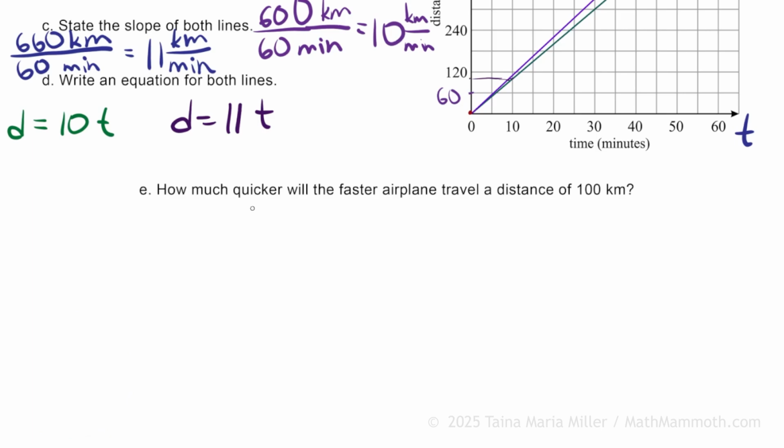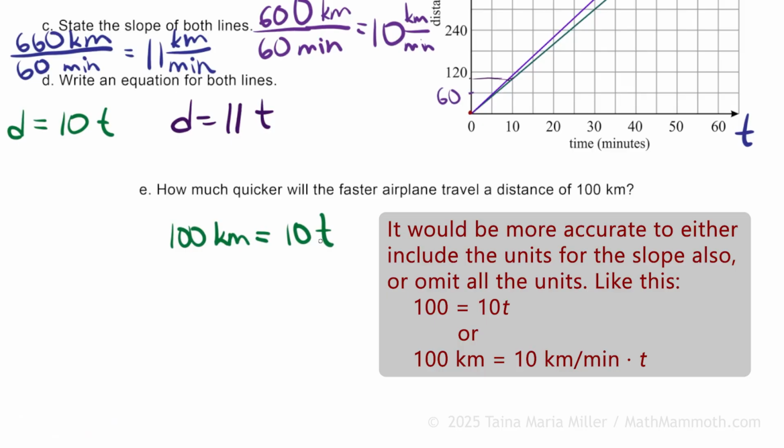And we would find how much time airplane 1 takes and how much time airplane 2 takes to travel 100 kilometers, both of those separately. So for the slower airplane, we just put the distance in place of d and solve for t.